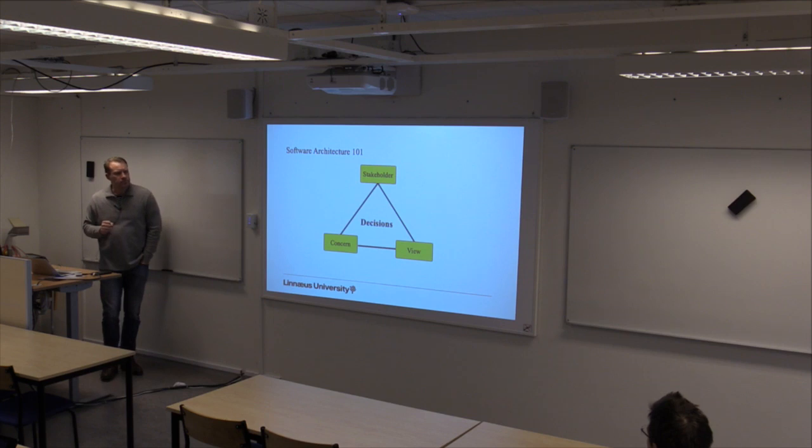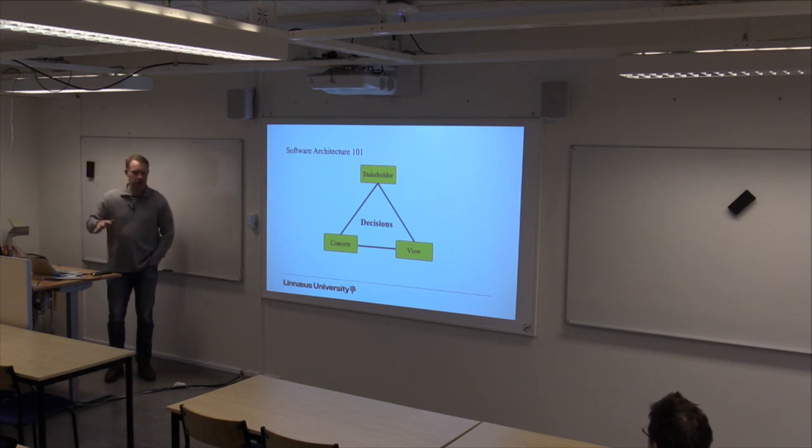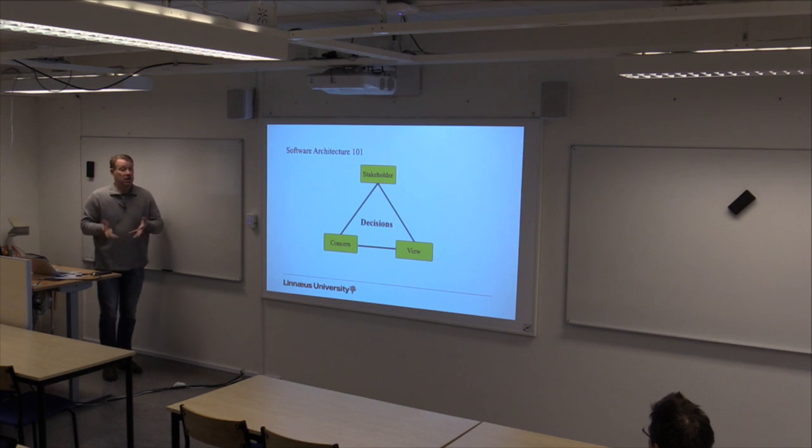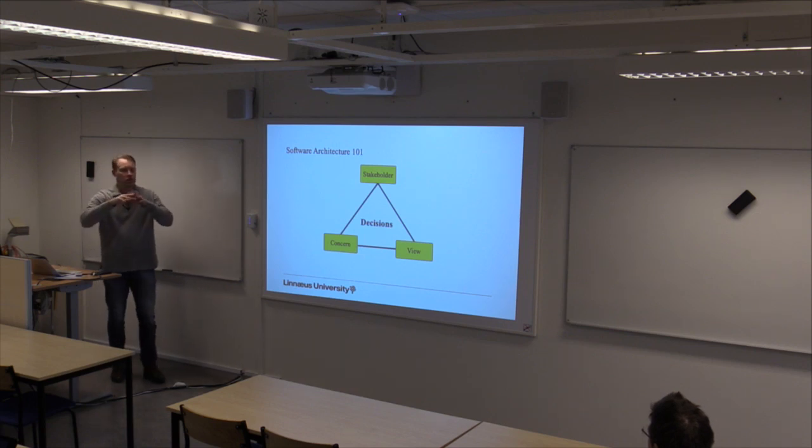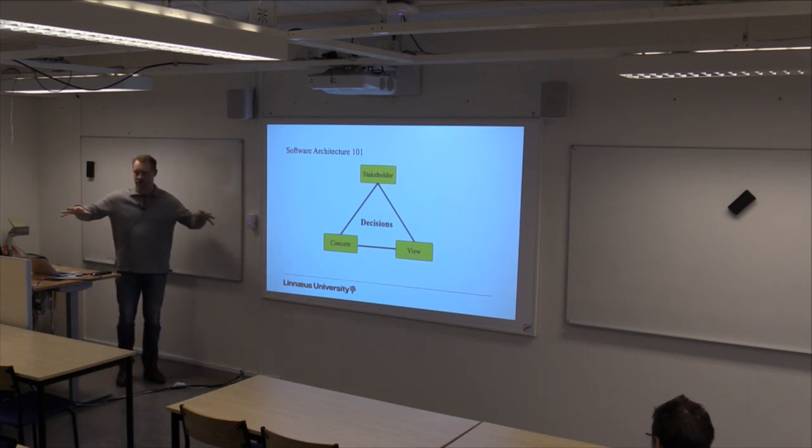So, in these large development projects that involve tens or hundreds of people, these decisions are distributed. But some decisions must be made at a different level, because these decisions will constrain all other decisions in the project.